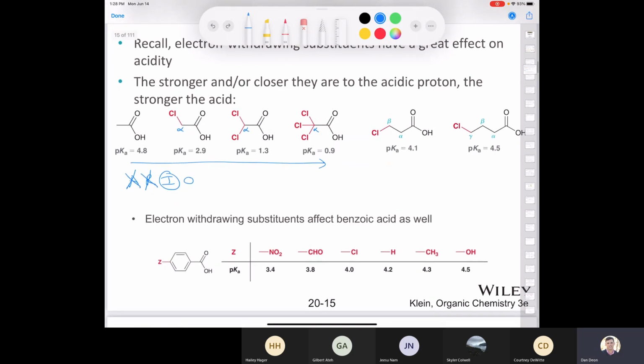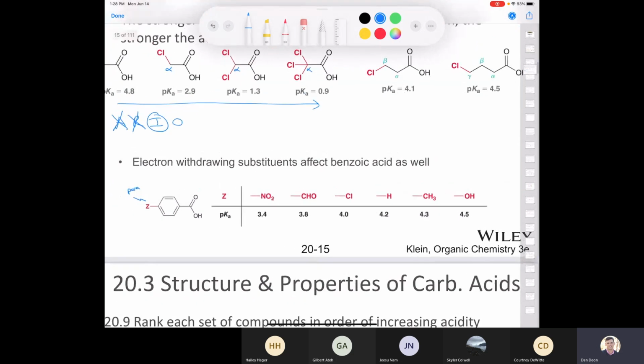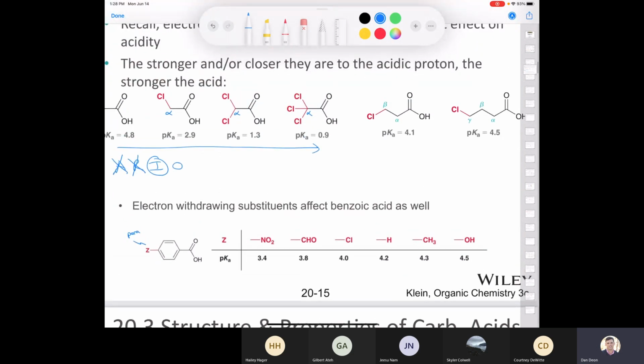You see the same kind of effect of an electron withdrawing substituent on a benzoic acid derivative as well. Take a look at all these para-substituted benzoic acid derivatives, right? We have benzoic acid here, and then where Z is, it's in the para position, right? This is para. And what you see is that the more electron withdrawing the substituent is, the lower the pKa is, right?